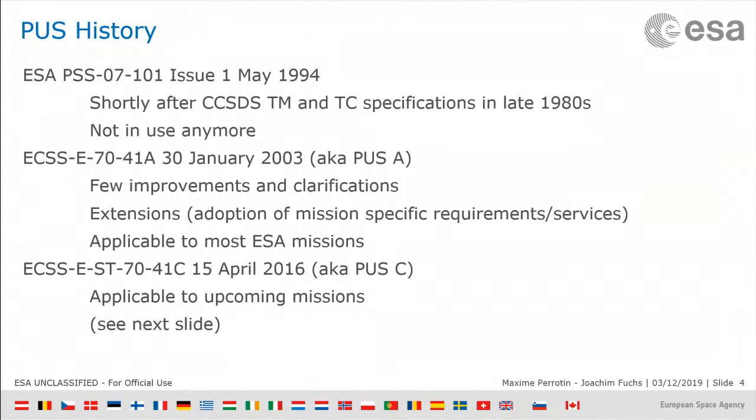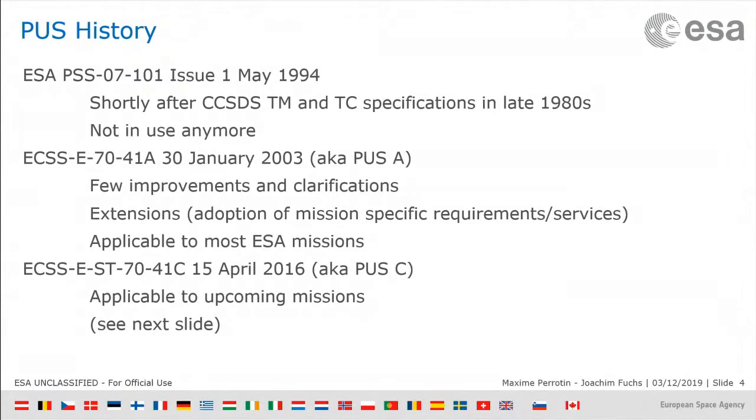But then we created something called ECSS, European Cooperation for Space Standardization, and that created the first version of a European standard, which we called PUS version A. That already included a lot of lessons learned from this first definition of the packet utilization.